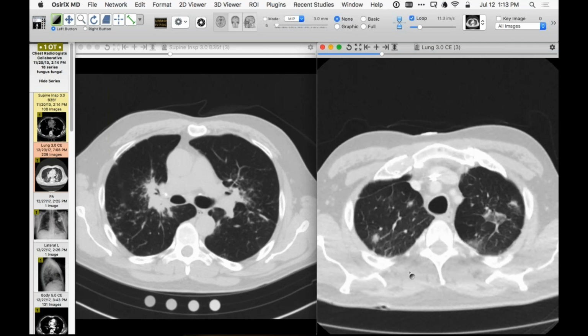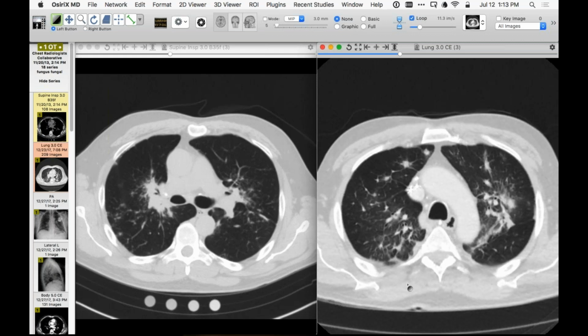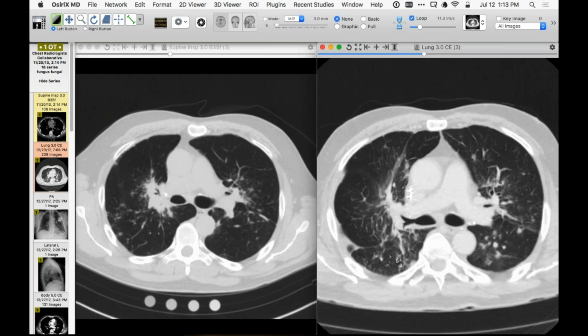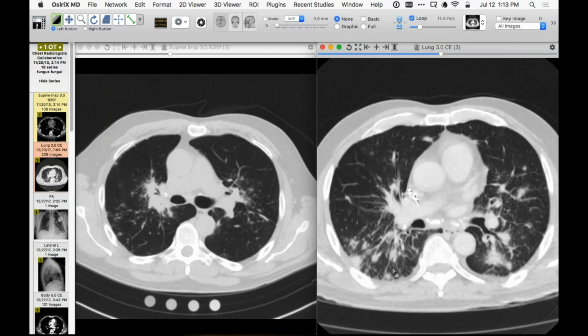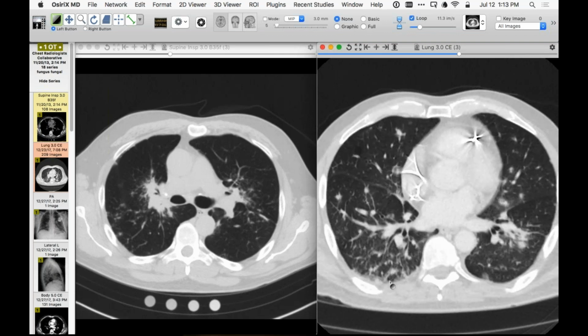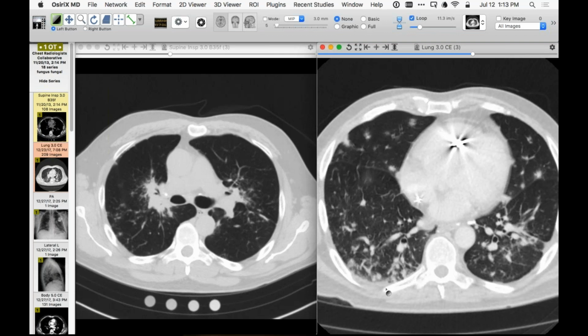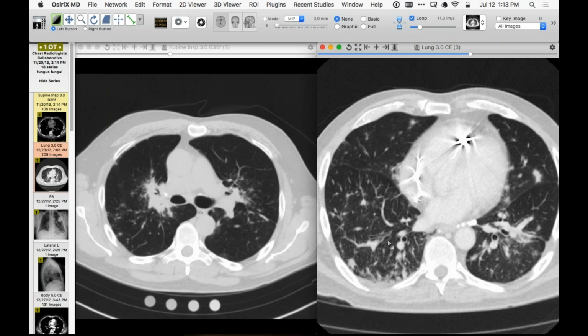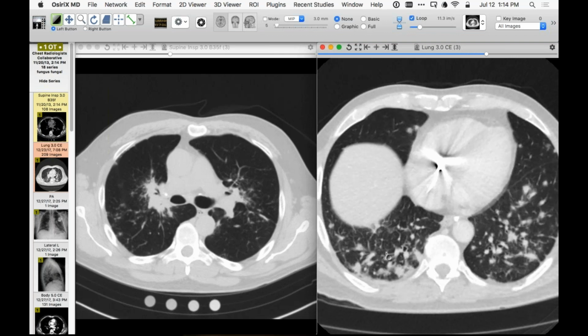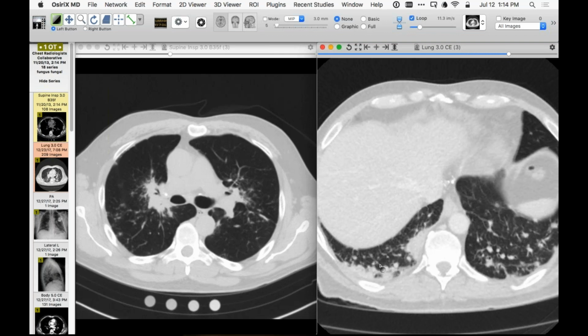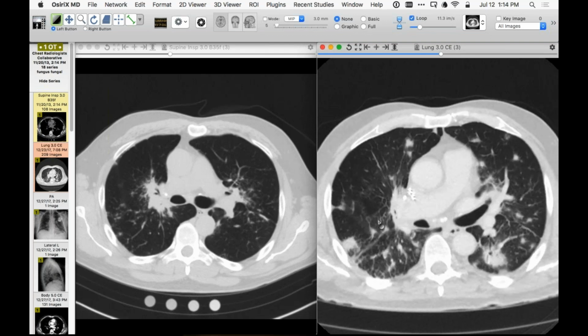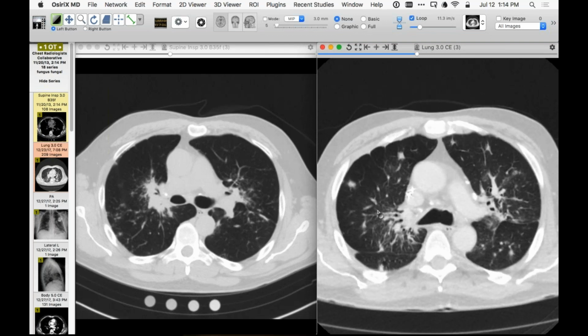Some are ground glass in attenuation. They are definitely new from the prior one, and you can see there's also involvement of the lower lung zone. So now we have something more than just sarcoidosis, and the appearance is not really typical for progressive sarcoidosis, I don't think.